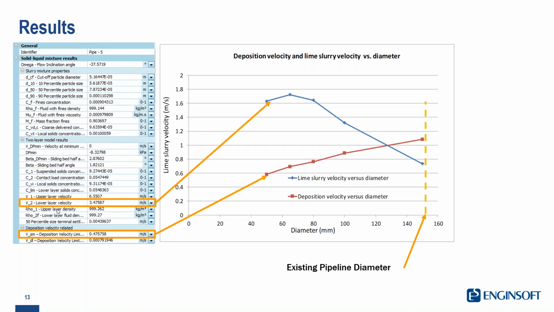which is the deposition velocity, which is the red curve, the deposition velocity versus diameter, and the other curve is the lime slurry velocity versus diameter. So you have the mean velocity inside the pipes according to the diameter, and you also have another aspect, which is the deposition velocity.